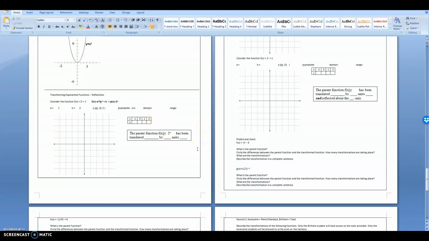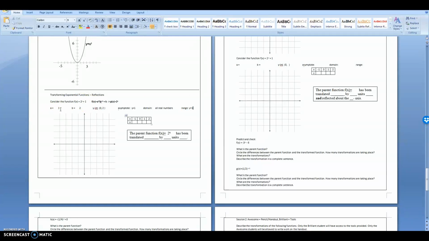Our domain does not change. But because it was vertically translated, our range does change. Okay, and I know our range is greater than because a was not negative.